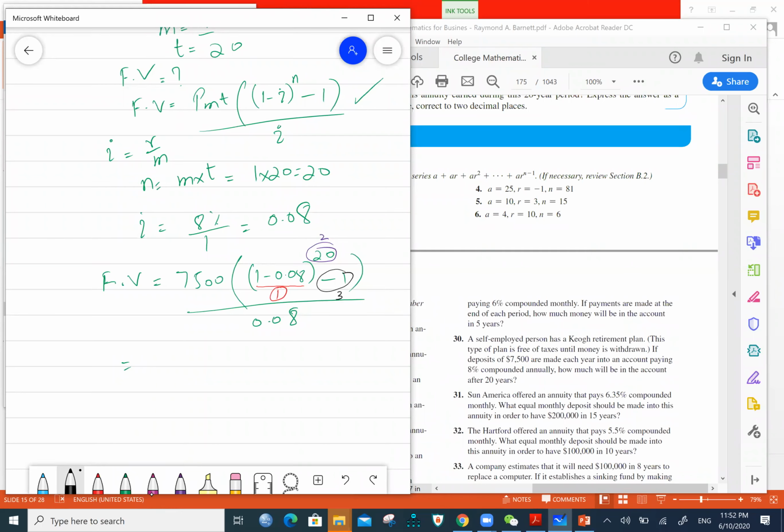Then you multiply this whole number with 7,500. That is your fourth step. After this, you will get one number. You divide this number by 0.08. That is your fifth step. So don't break this order and then you will get the future value. Is that clear? Okay.